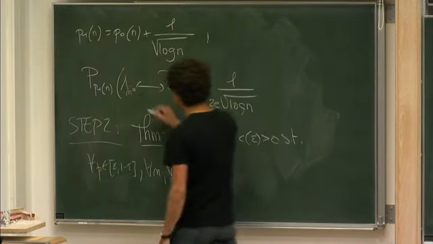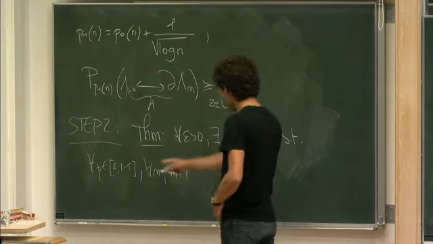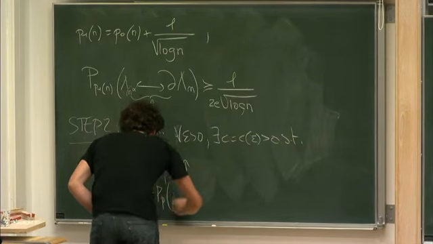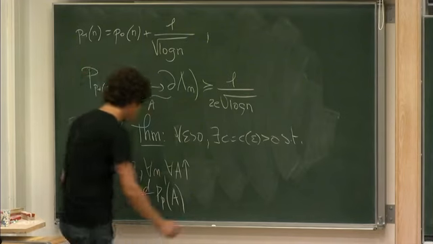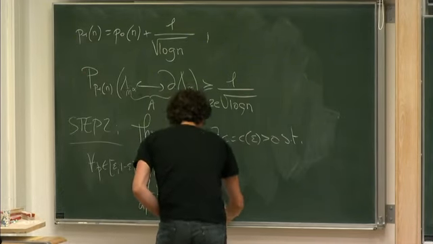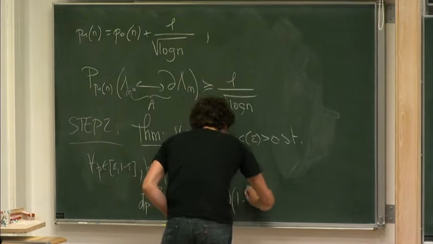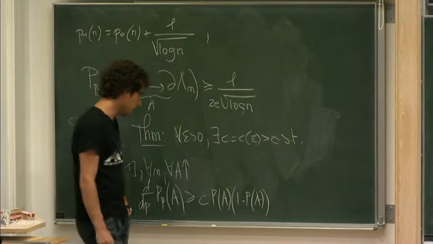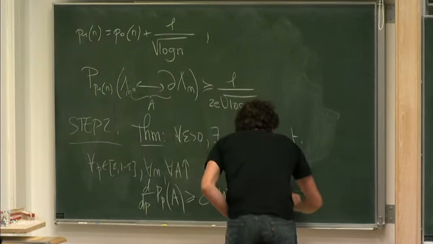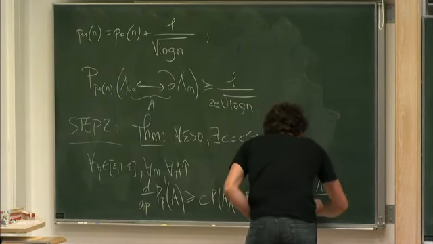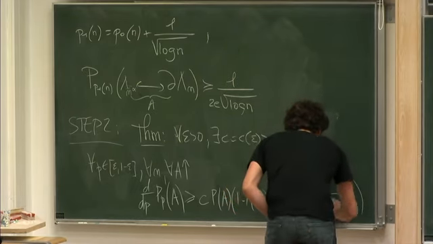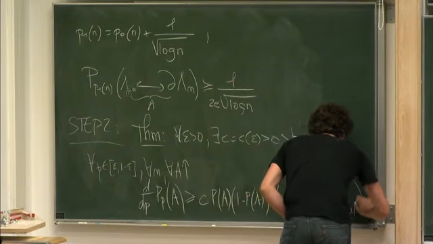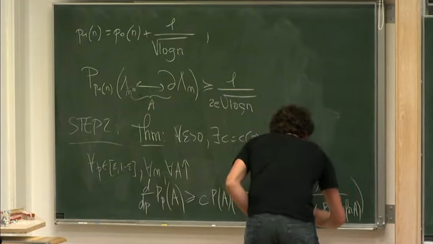Let's call this event A. For any of these things, the derivative of the probability of A is in fact larger or equal to this constant C times the probability of A times 1 minus the probability of A. So this is the variance of the indicator of the event A. And you get an additional log of 1 over the max, what we call the max influence, so the maximum of the probability that E is pivotal for the event A. And this is for every edge E in lambda n.